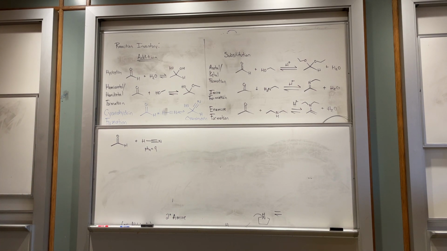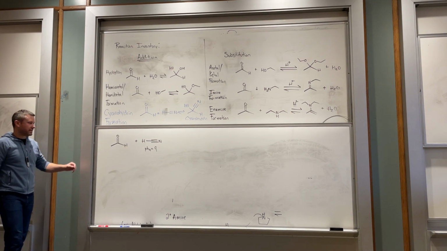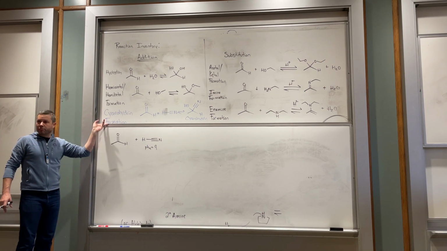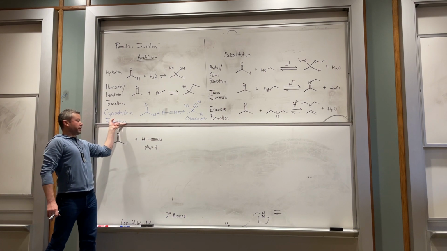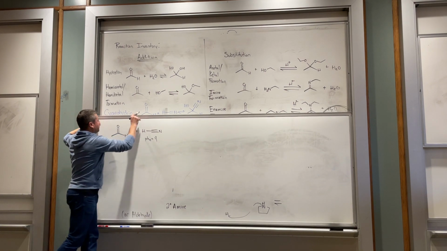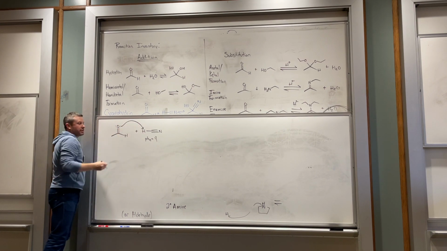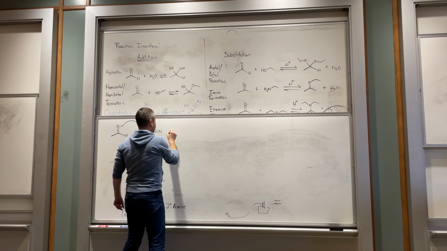Hydrogen cyanide is a deadly gas, the conjugate acid of sodium cyanide or potassium cyanide. But it has a pretty low pKa, so it's pretty acidic for a proton on carbon. So what can happen is the oxygen of the carbonyl gets protonated by the hydrogen cyanide.